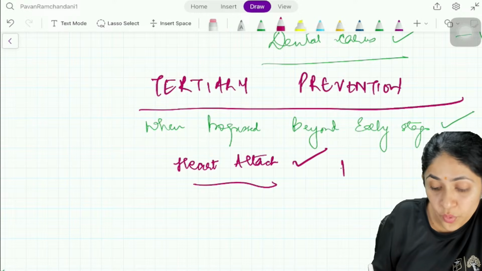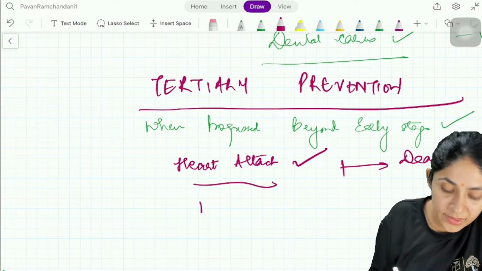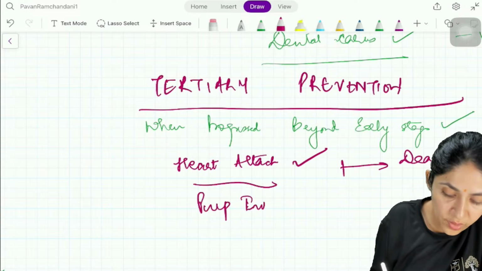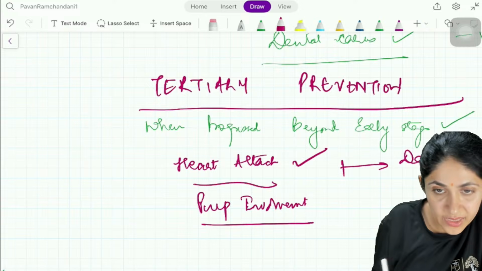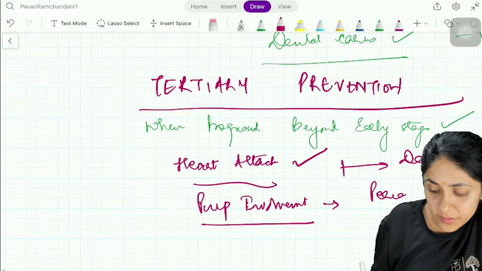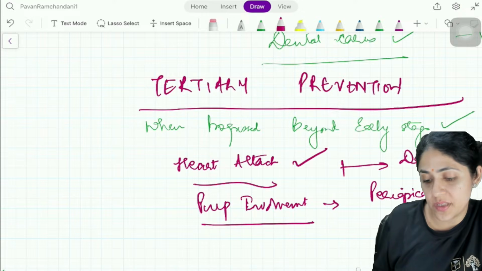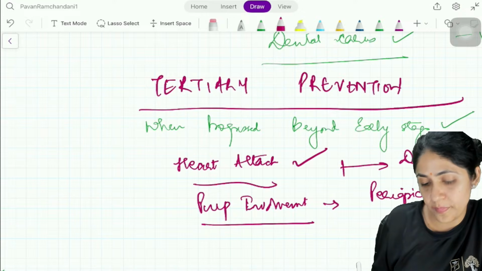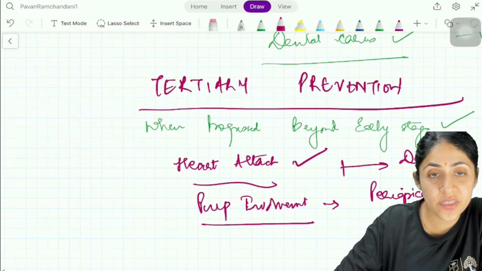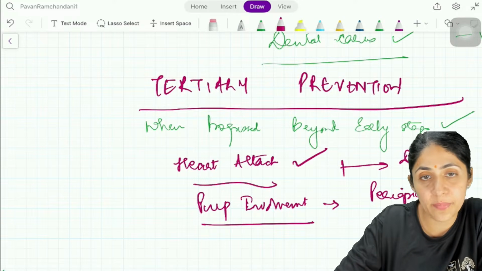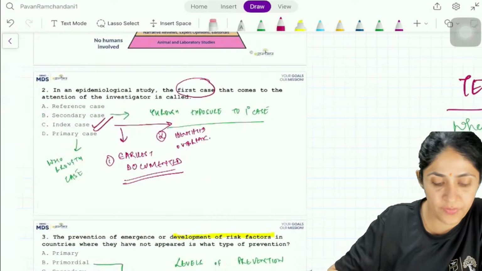Now you want to prevent the death or further complication. The pulp involvement is already there in case of dental caries. You want to prevent the occurrence of periapical abscess or osteomyelitis. So this is what we understand by the various levels of prevention.